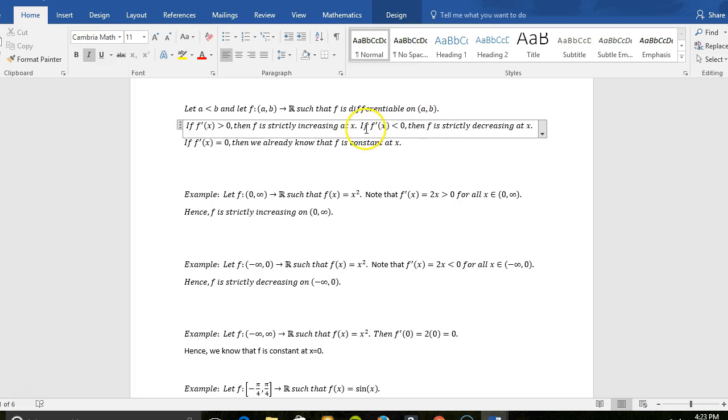By this comment right here, f is strictly decreasing. So this right here follows from this right here.